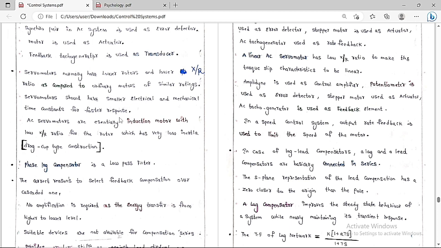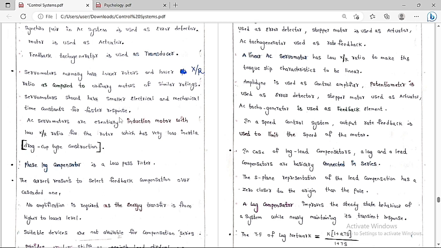I have already told you, in the case of servo motor and induction motor, the X/R ratio of the servo motor is always lesser than that of the induction motor. Also, servo motors will have low inertia, meaning lower weight, small diameter and larger length. The AC servo motor will have a construction in the format of drag cup type construction.